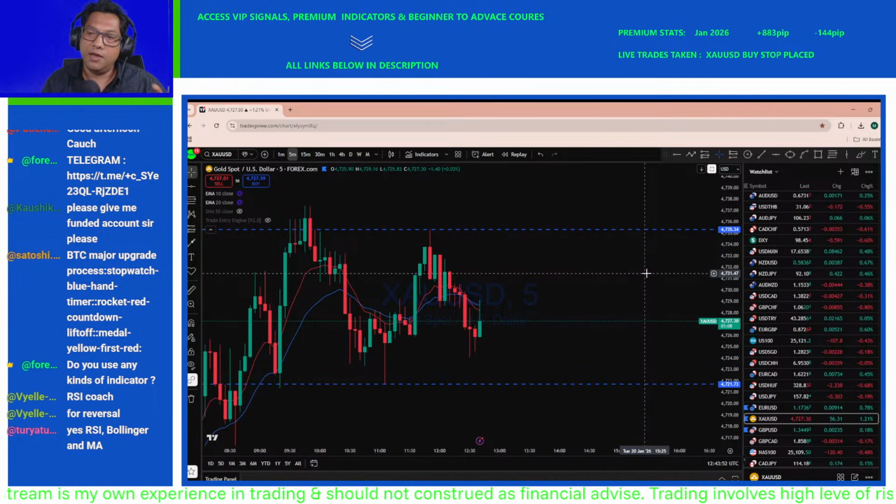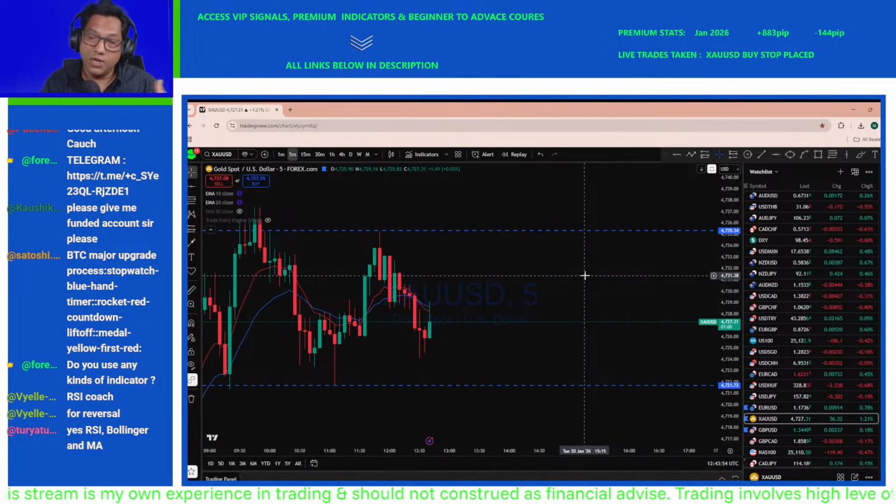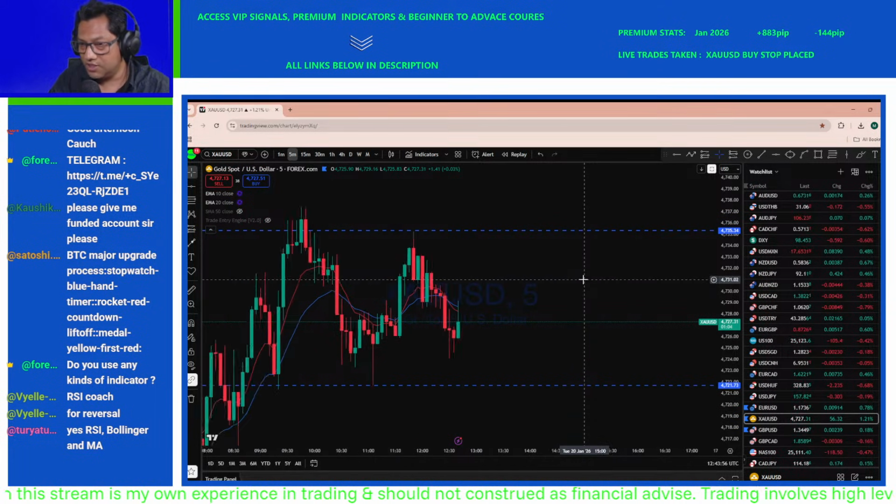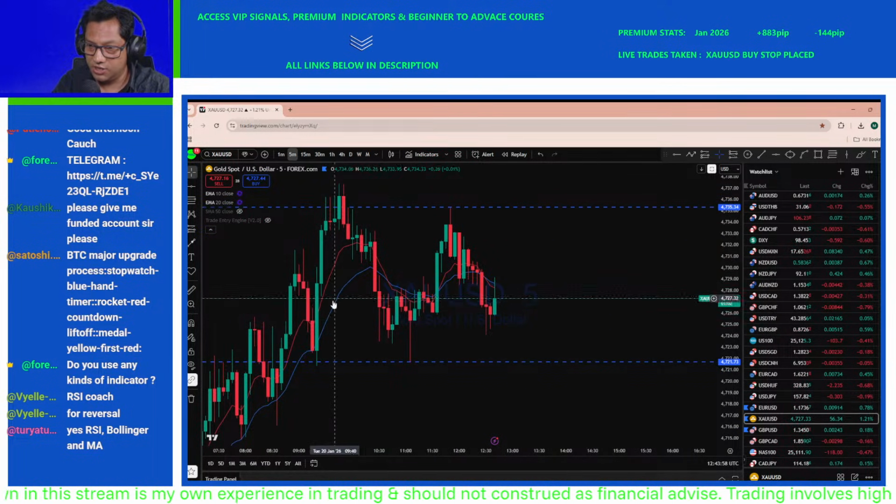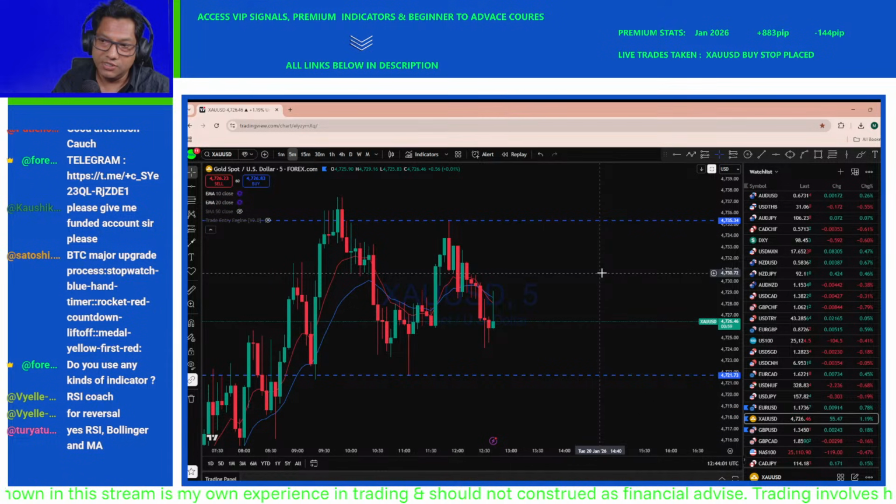But when we look at the indicator, the moving averages are that I use 10 and 20 MA. Moving averages give us more of how far the price from the mean value.